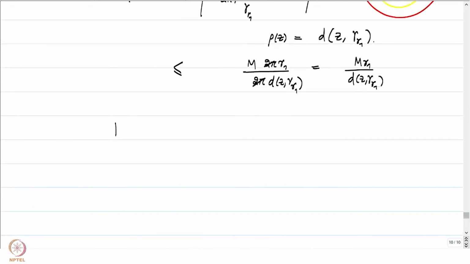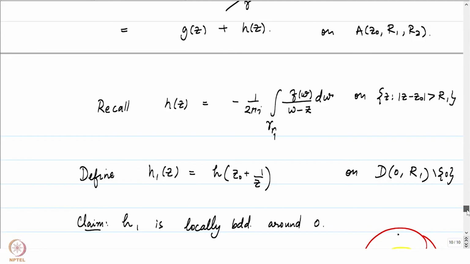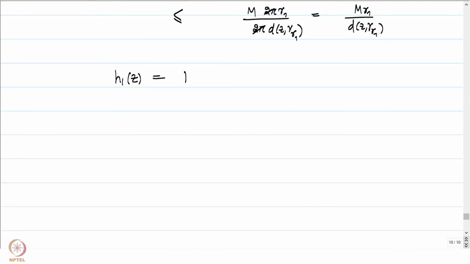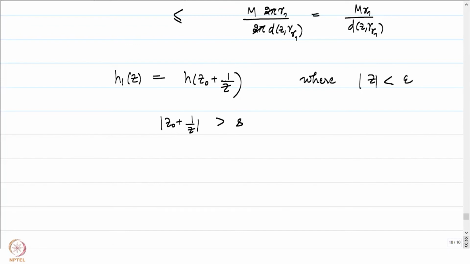Our idea was to show that h1 is locally bounded. So what was h1 of z? h1 of z was h of z0 plus 1 by z. When the absolute value of z is less than, say, epsilon, mod z0 plus 1 by z can be arranged to be greater than some large s, so that h is less than 1.